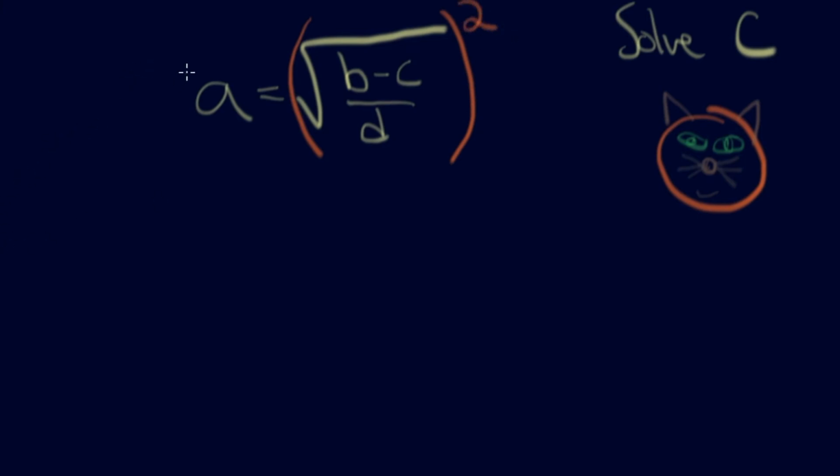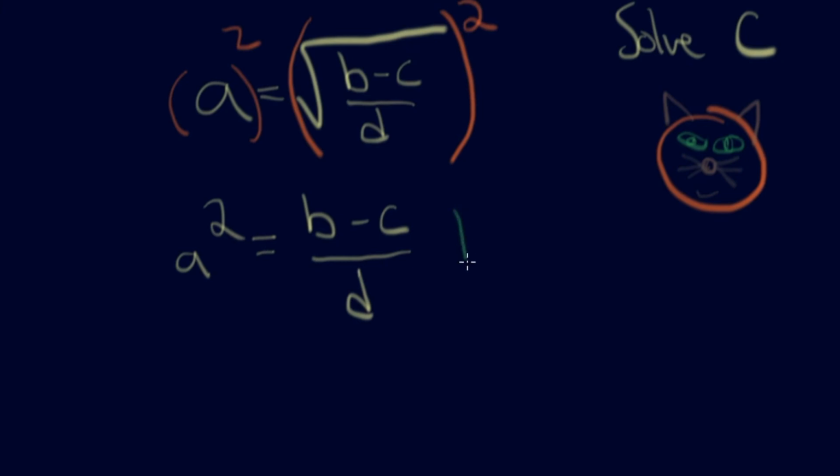And if I do it to one side, I have to do it to the other side. So I'm going to square that. And what's that going to leave me with? A squared is equal to, well, this completely gets rid of this. It's awesome. And it leaves me just with b minus c over d. Awesome. We're almost there. How do I get rid of the d? Well, using all your algebra skills, I'm going to multiply both sides by d.